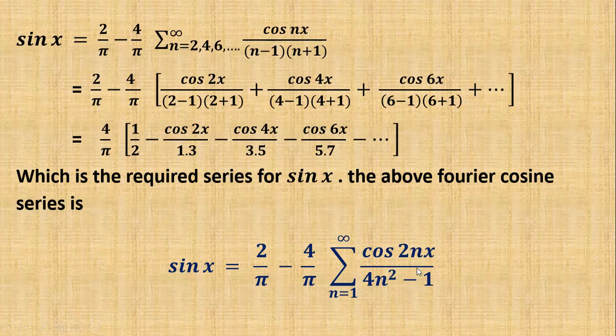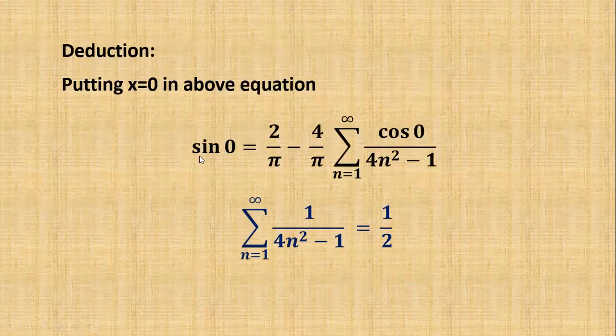And next, put n is equal to 3, we get this term, and so on. That's why I am writing this term in this manner: 2 by pi minus 4 by pi into summation n is equal to 1 to infinity cos 2nx by 4n square minus 1.